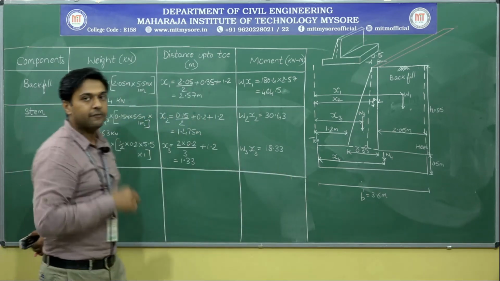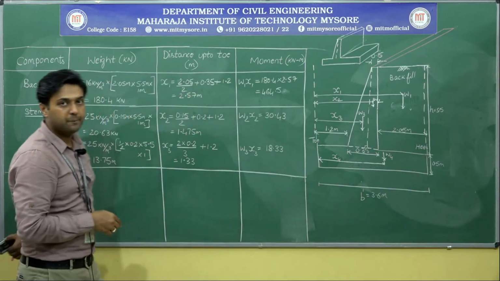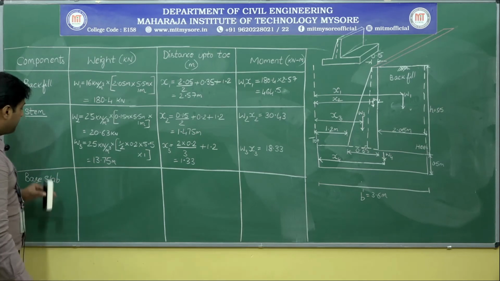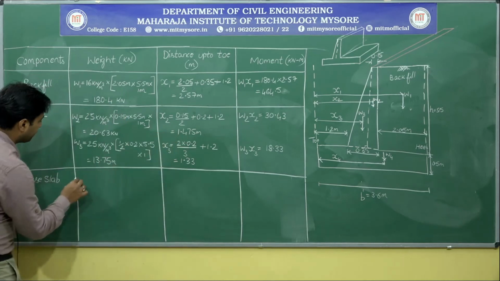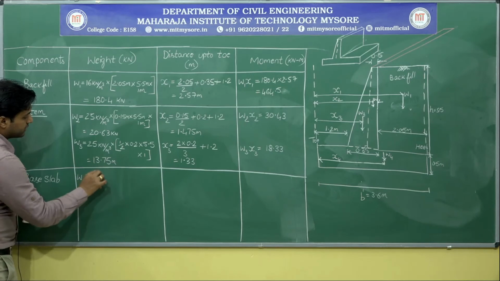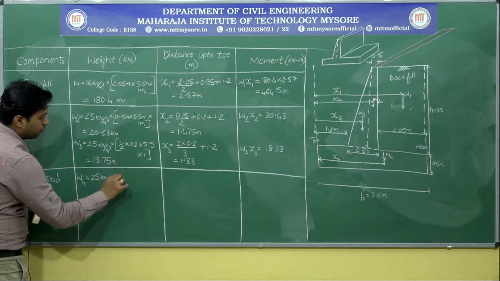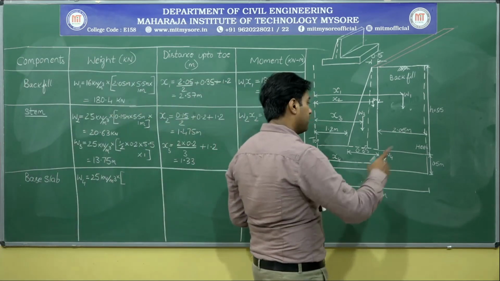So what is the other thing that we are left out with? So it is the base slab. Let me concentrate on the base slab. So base slab is also a concrete structure. So I want W4. So density of concrete, it's 25 kilonewton per meter cube into, as it is a rectangular section, it is breadth into depth into height.